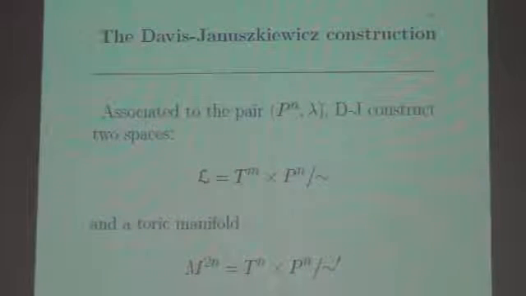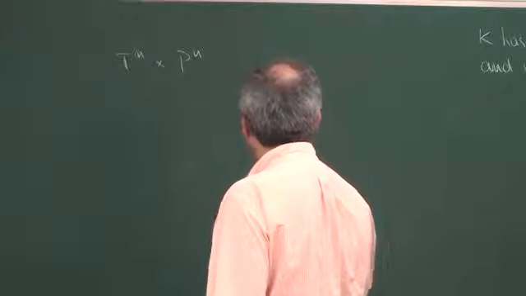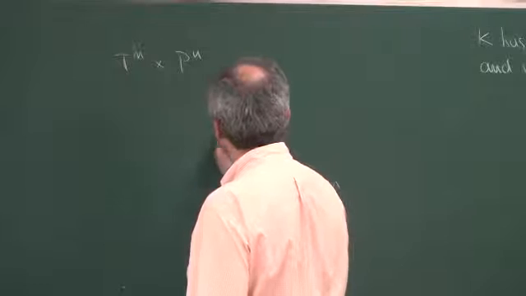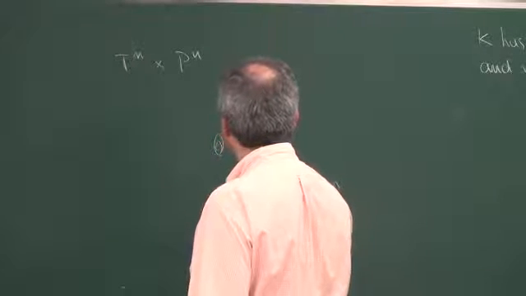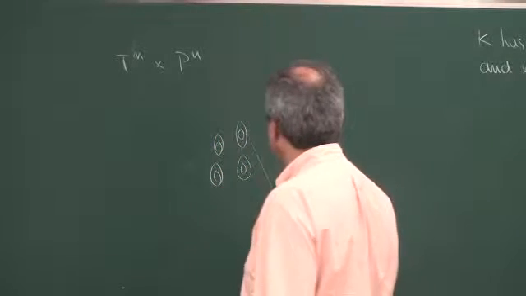Now what does it mean to do these constructions? Well, when I look at the N torus or the M torus, let's look at the M torus, I want to think of this Cartesian product as, here's my polytope, and then above each point I have a torus, like this.